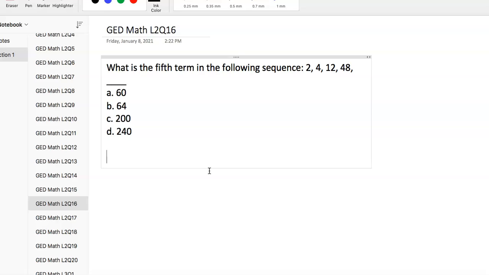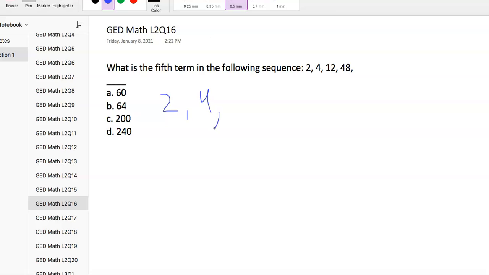Okay, another one. What is the fifth term in the following sequence? Okay, so this is one of the most common examples, but these pattern questions are a little tricky. So in this one, I start with 2 and then I go to 4. Immediately I should be thinking, 2 plus 2 is 4, 2 times 2 is 4.